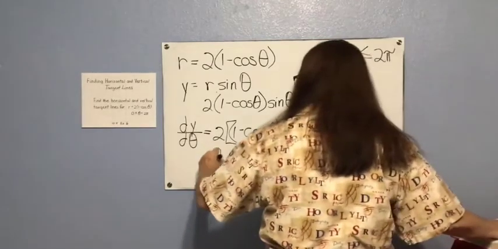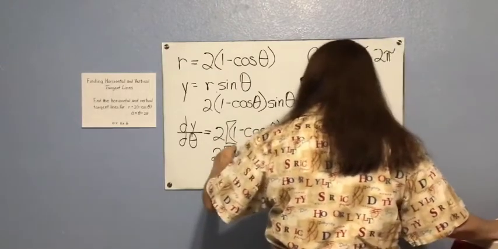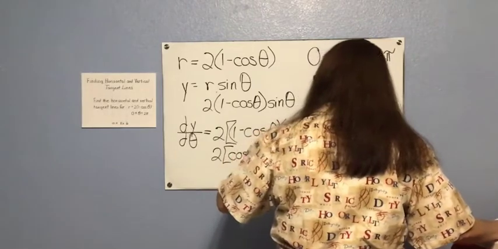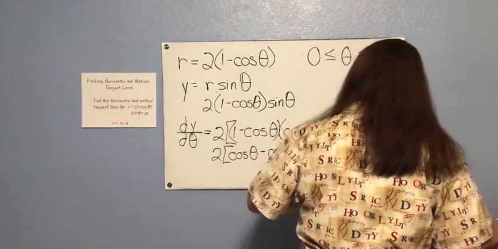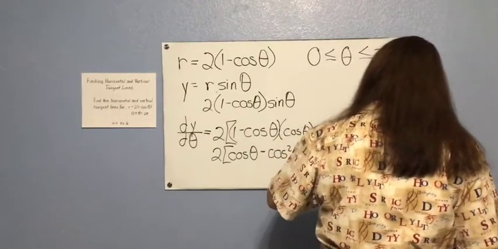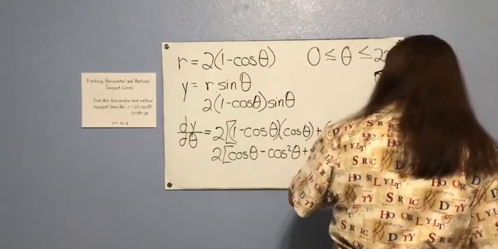So this is now going to be 2 times cosine theta minus cosine squared theta plus sine squared theta.